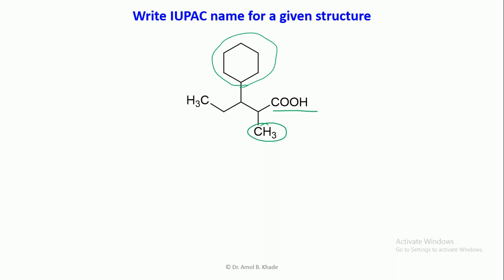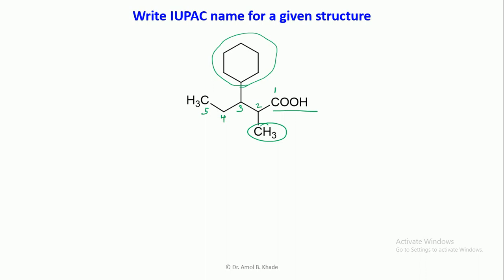Whenever you have a saturated cyclic structure as a substituent, we refer to it as cyclohexyl, and so on. So you can find out the parent chain. The carboxylic acid carbon will get number 1, then this will be 2, 3, 4, and this will be 5. So it is a pentanoic acid, with substituents at carbon 2 and at carbon 3.